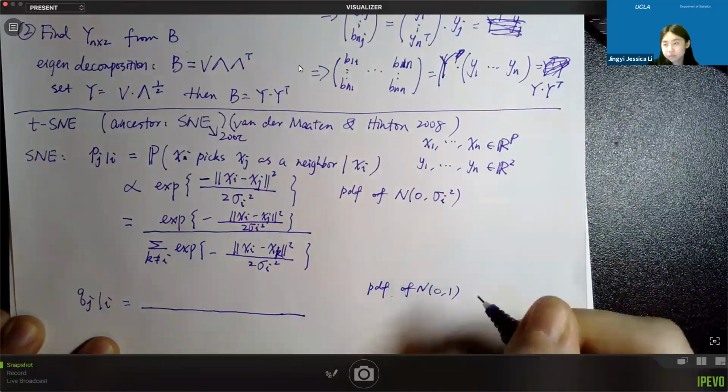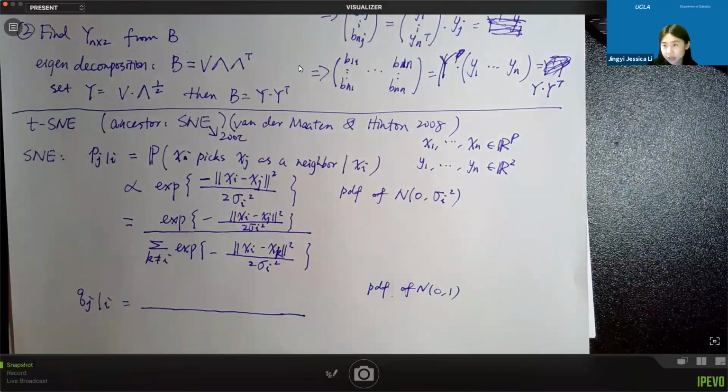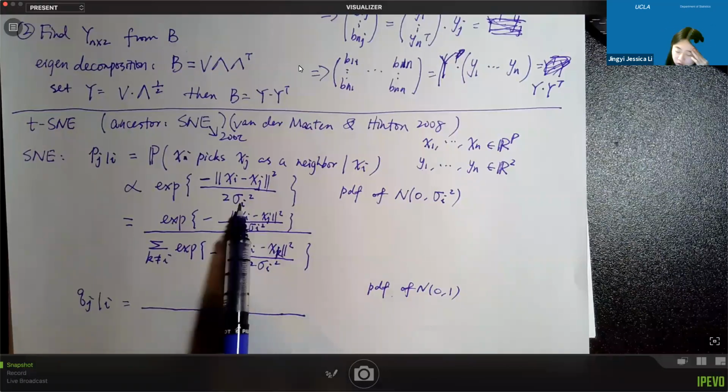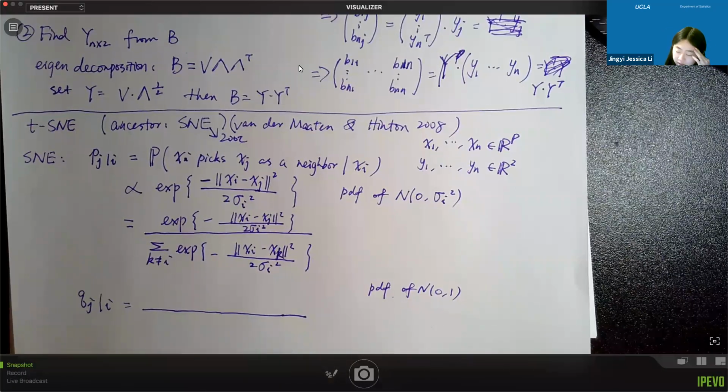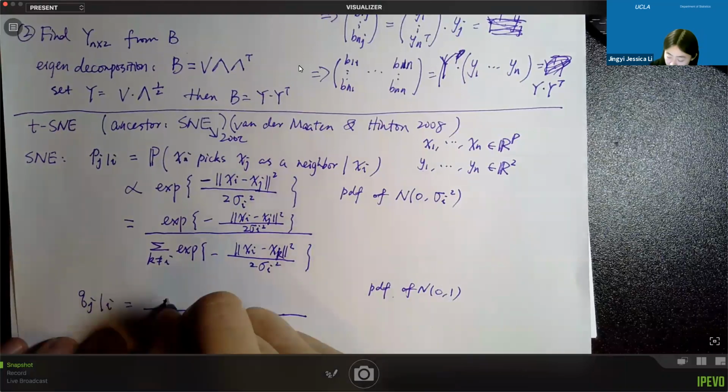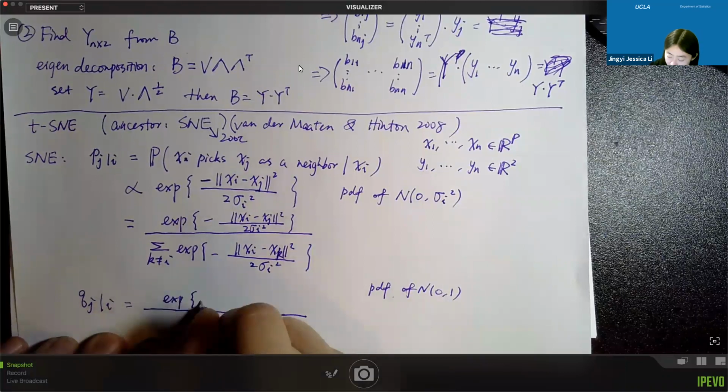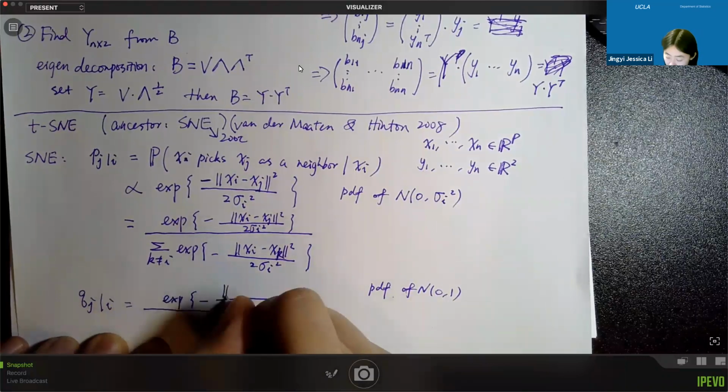Because y_1 to y_n is my choice, I don't want to introduce the trouble of choosing the standard deviation again. So in the low dimension, I will set the standard deviation to 1. Here, I would just use the distance between y_i and y_j in the low dimension.